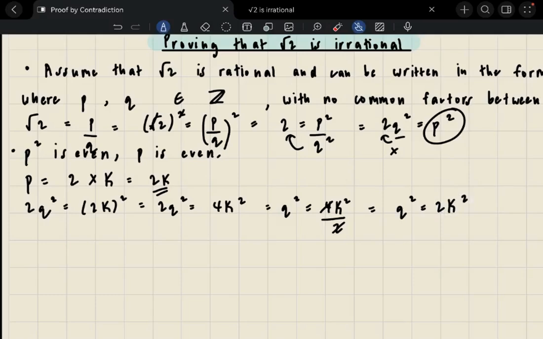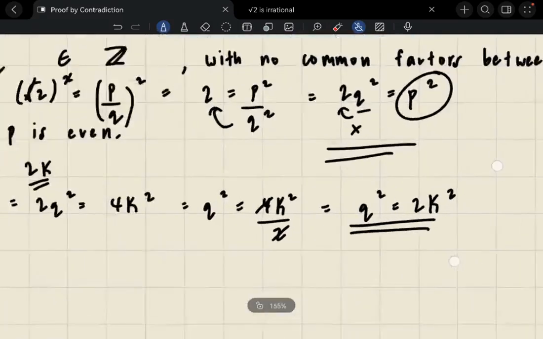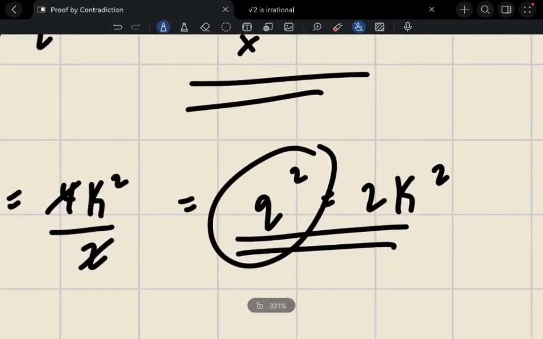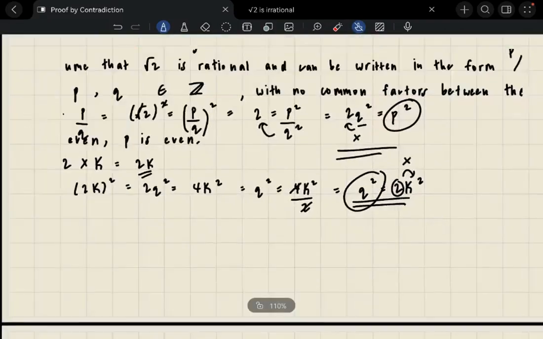And now I basically reached the same point here that I did here, and this is going to show me that q squared is also even, since it has a 2 multiplied with the integer k.